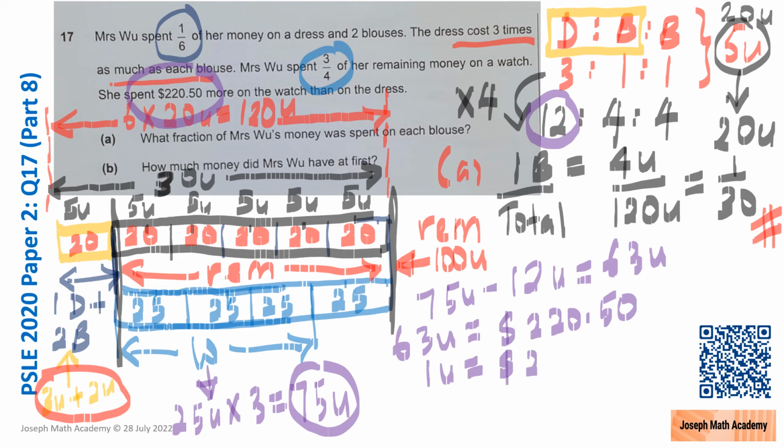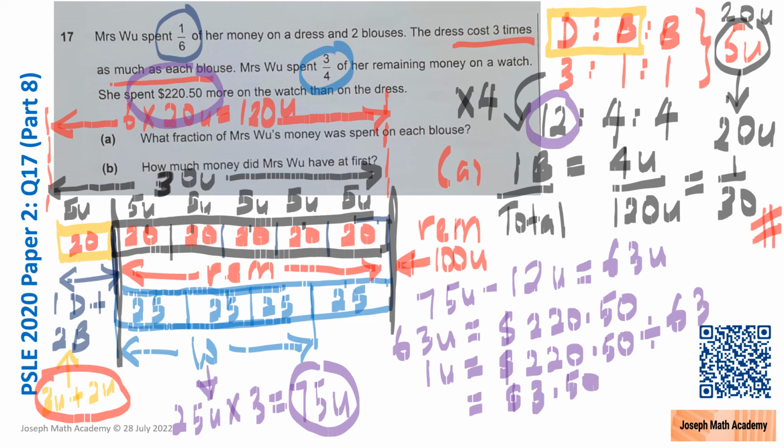So we can use the unitary method to find what is 1 unit. So 1 unit is $220.50 divided by 63, and that gives us $3.50. Okay, let me rewrite the 3. It doesn't look nice to me. So 350 cents.